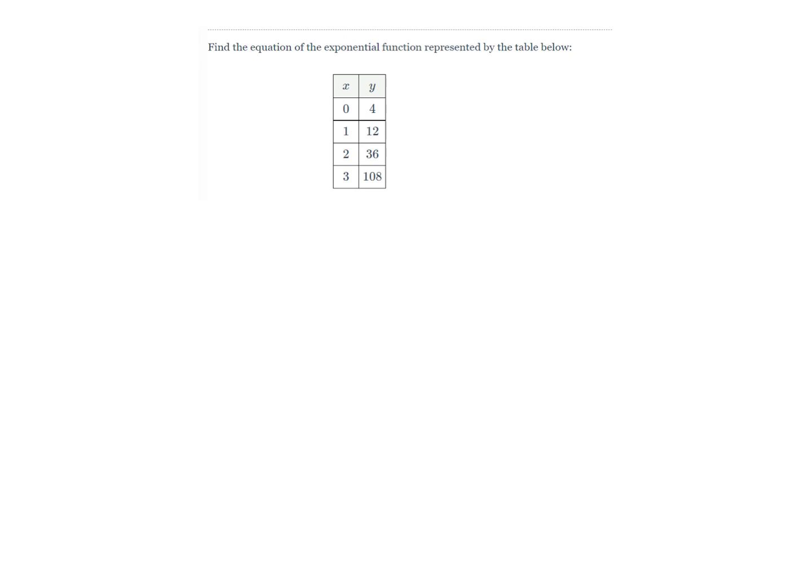This is a good one. So it is an exponential function, so we're going to have something in the form y equals a(1 plus or minus r). Wait.